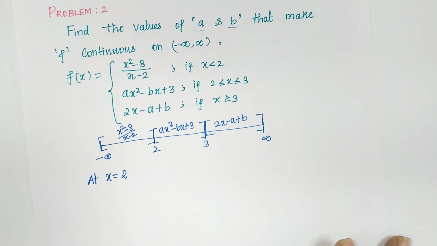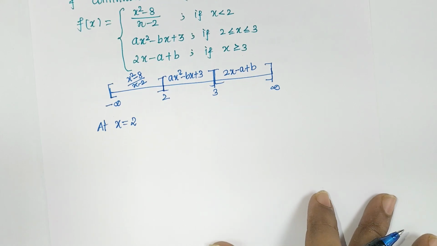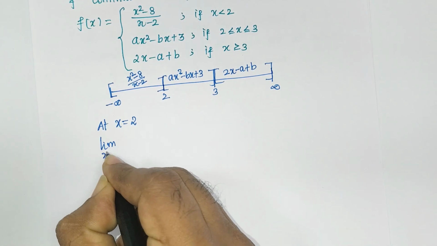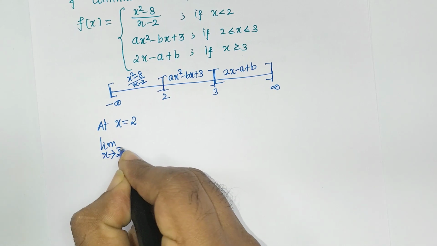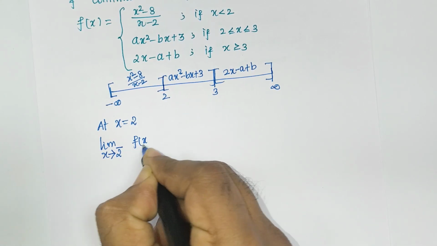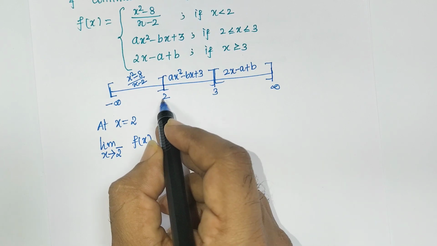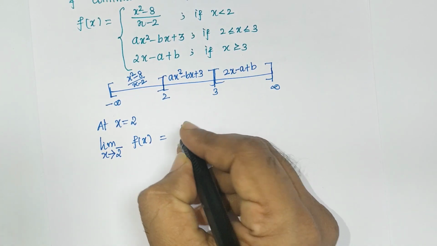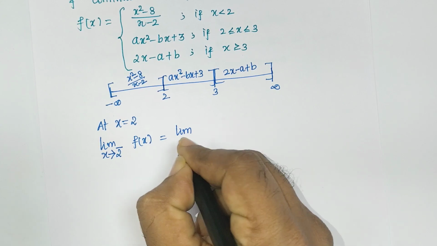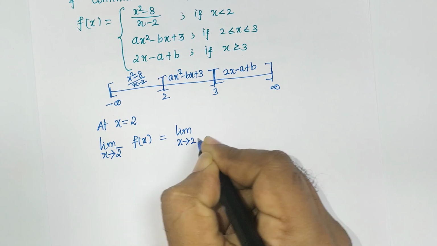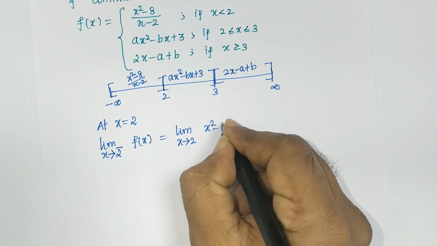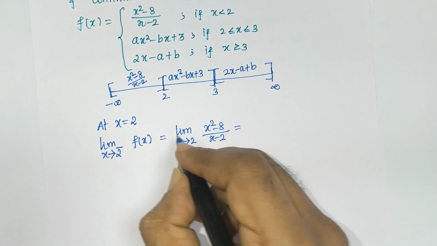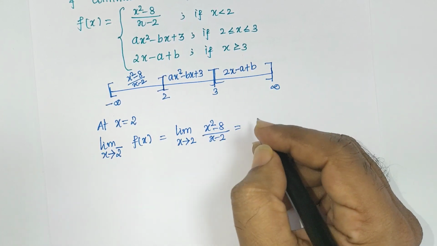At x equal to 2, first I write limit x tends to 2 from the left hand side, minus represents the left, function f of x. Left hand side of 2, the function is x square minus 8 divided by x minus 2. So I'll substitute limit x tends to 2, the function x square minus 8 divided by x minus 2. Here you can substitute x equal to 2.